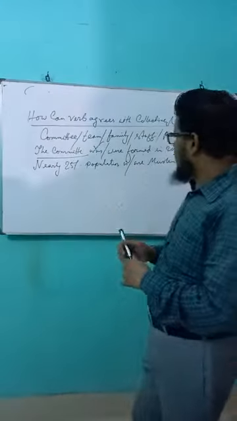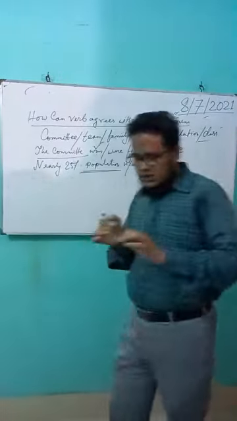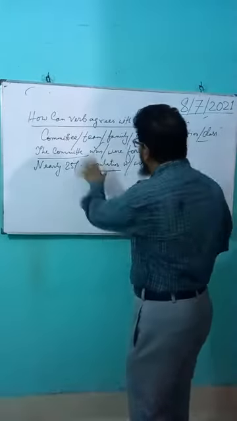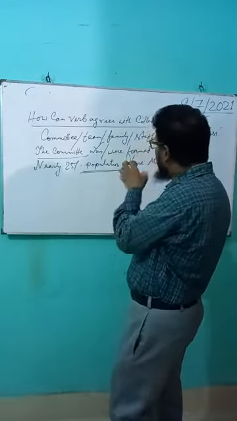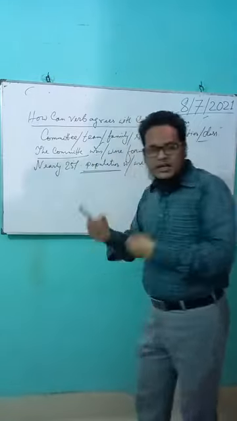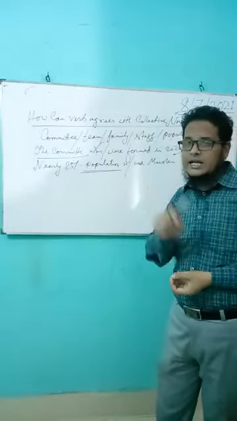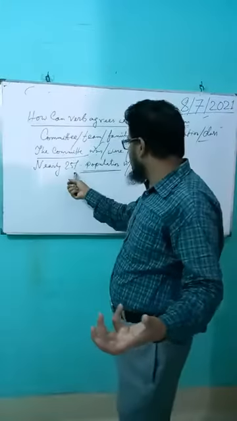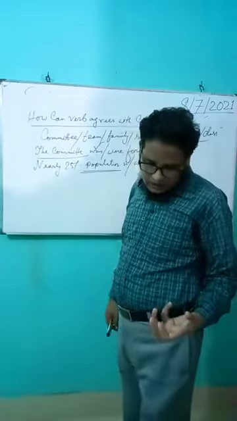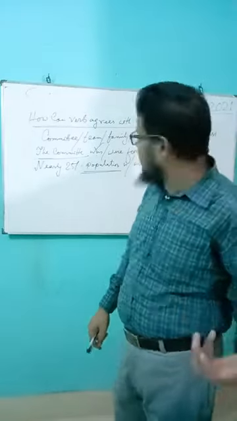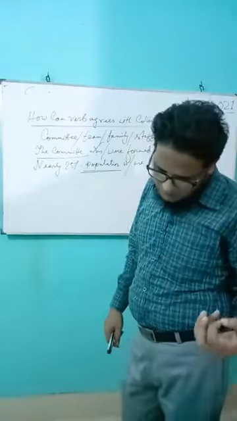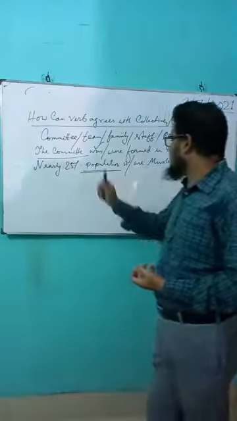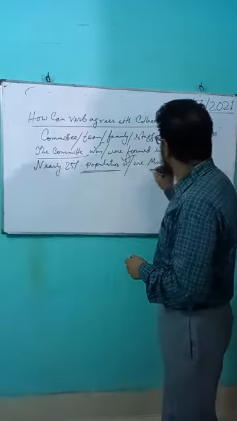Population is a collective noun. So if it is acting as a single unit, it takes a singular verb. So nearly 25% population is Muslim. Nearly 25% population is Muslim, not are Muslim.